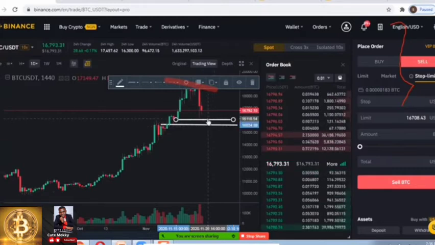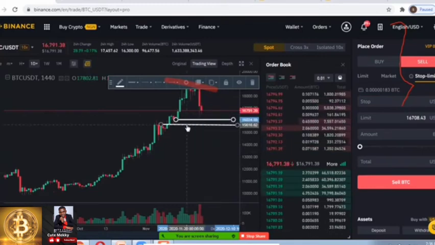If Bitcoin goes down below this point, you are going to lose the difference between your limit and your stop. So you use this price, 16,007, as your limit, while you use the second line here, 15,588, as your stop, so that when price comes to this point, it will stop you out.